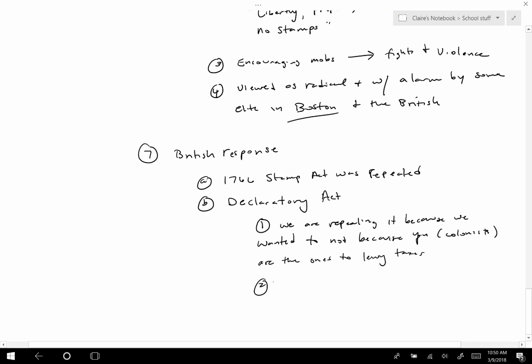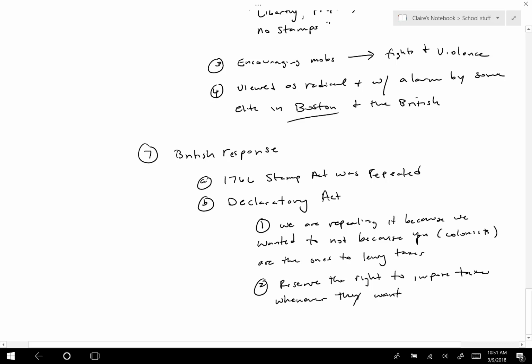And more importantly than the argument was that they reserve the right to impose taxes whenever they want.